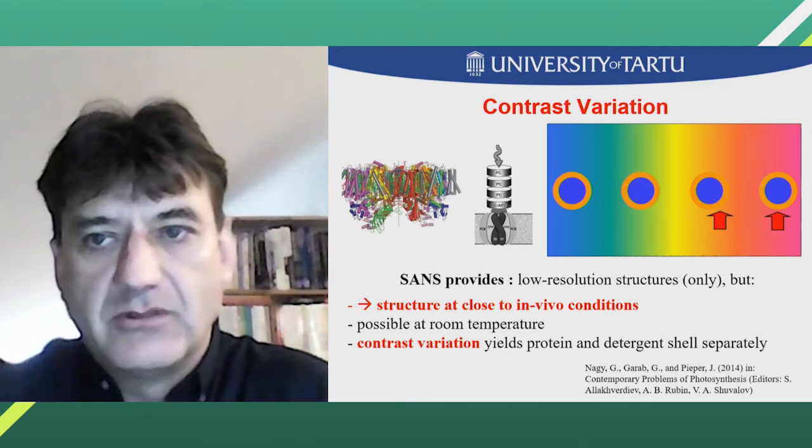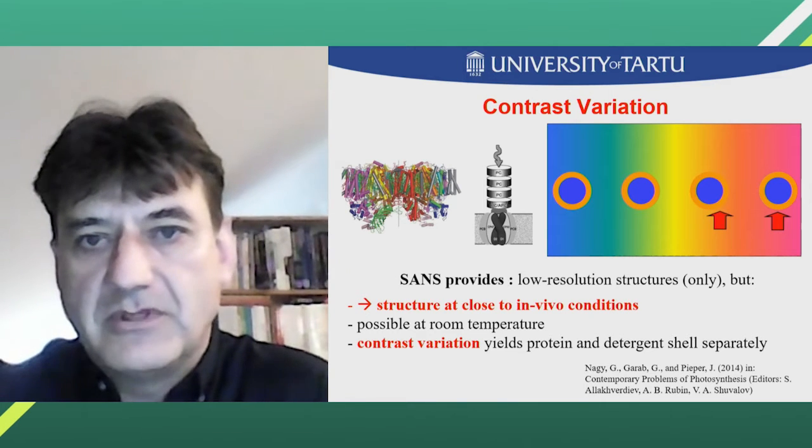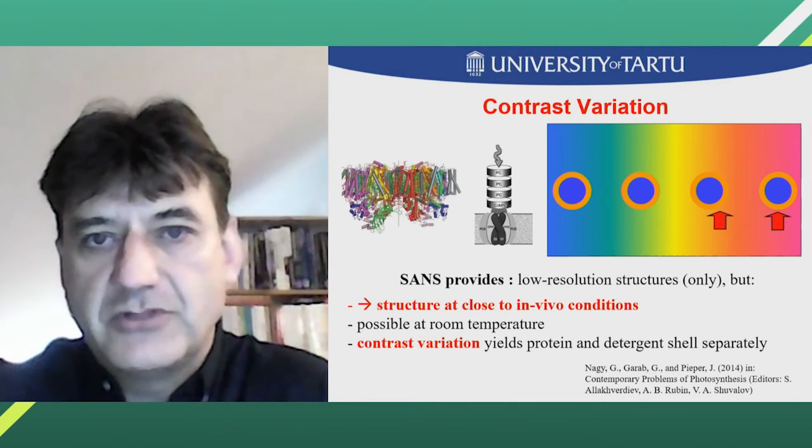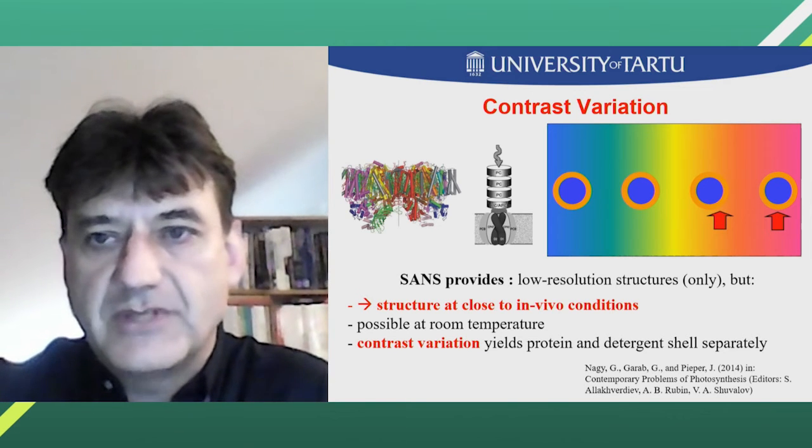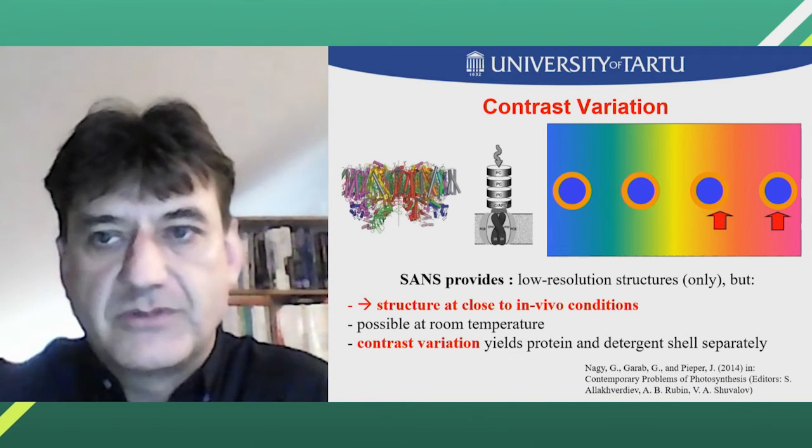And particularly using neutrons, we have the possibility of contrast variation when we vary the content of D2O and H2O in our solvent, because neutrons are sensitive for isotopes.